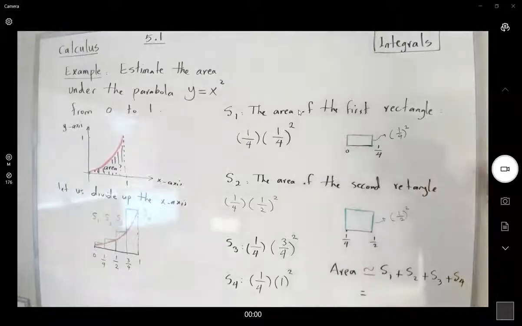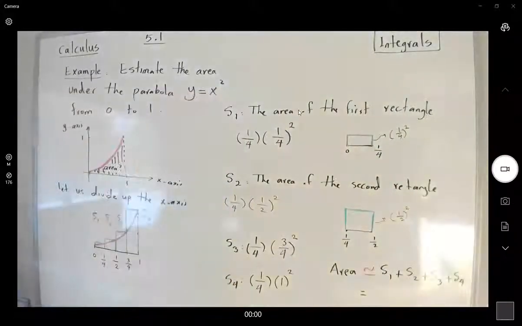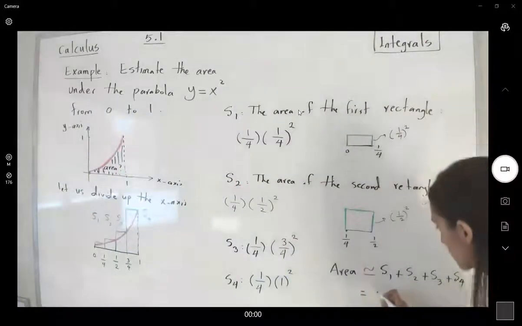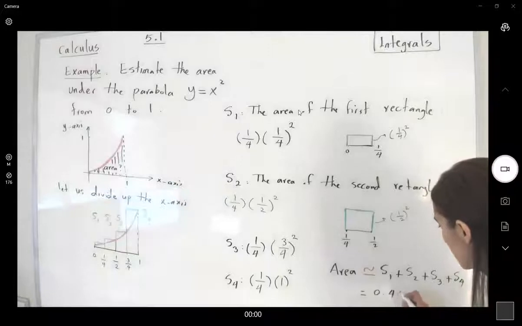We're going to add all of these together. Okay, approximately, we're going to get 0.4688.